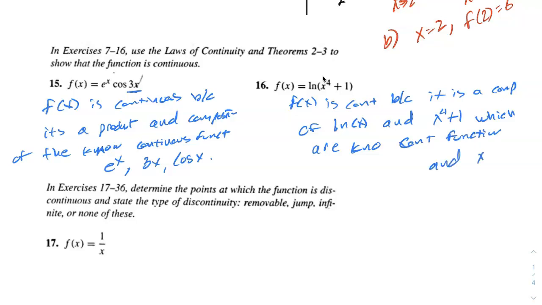And x to the 4th plus 1 is greater than 0. So there we go. So there's those two. Let's move on.